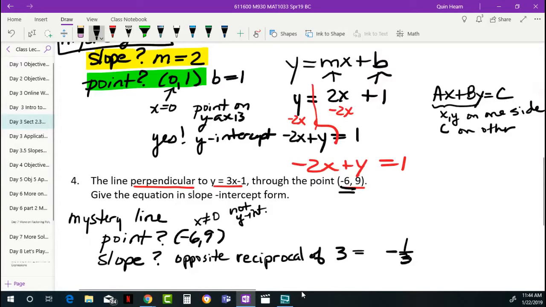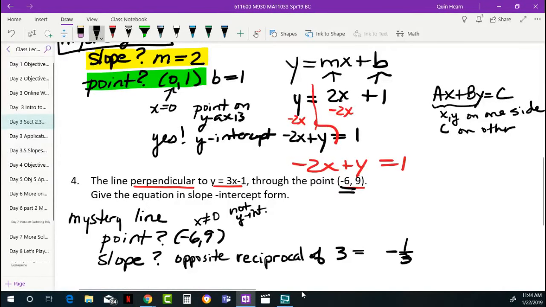Okay? All right, so now we have a point. Unfortunately, it's not the y-intercept, so we can't just say, oh, b is 9. And by the way, that is a common error that I see on the tests, so watch out for that. B is not 9. We don't know b yet.